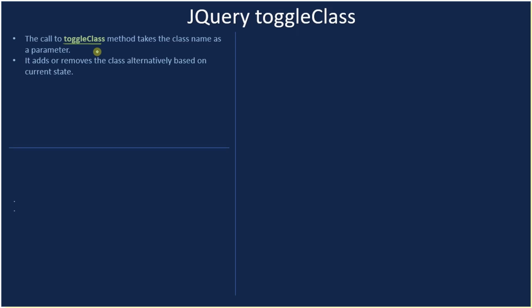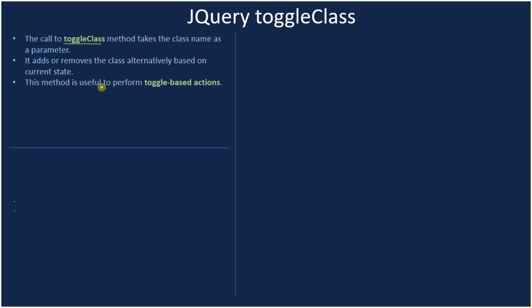And if the class ABC is not there, when you make a call to toggleClass, it will add that class. So this way you can flip certain effects based on a CSS rule.